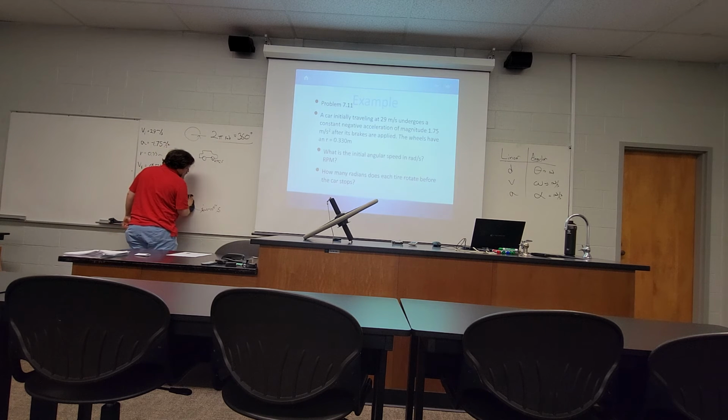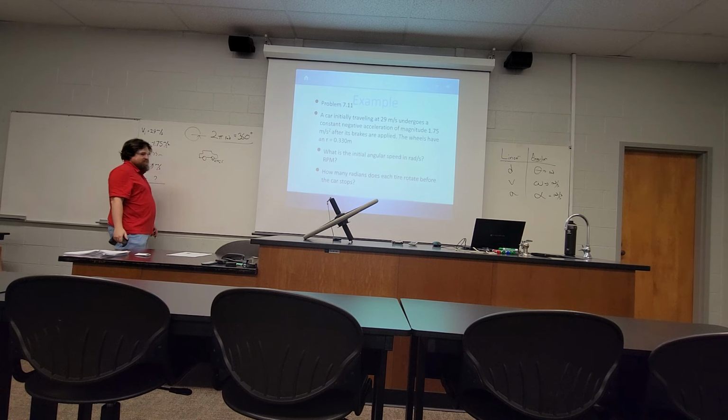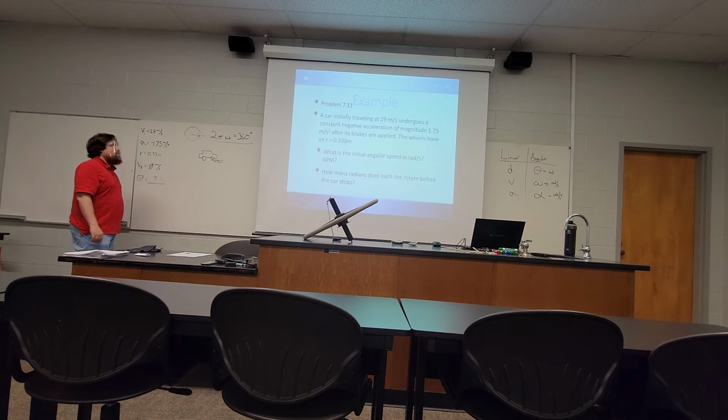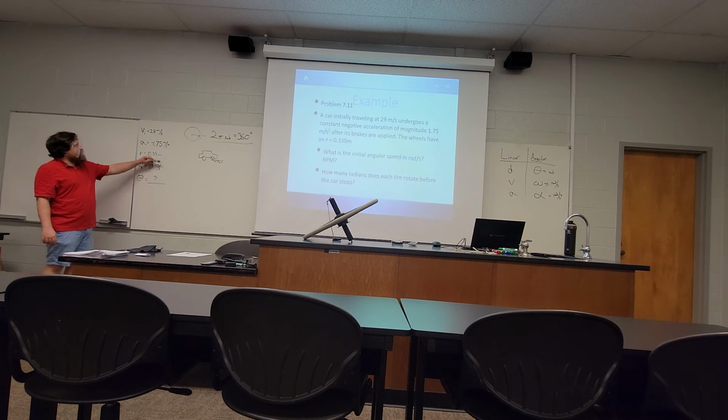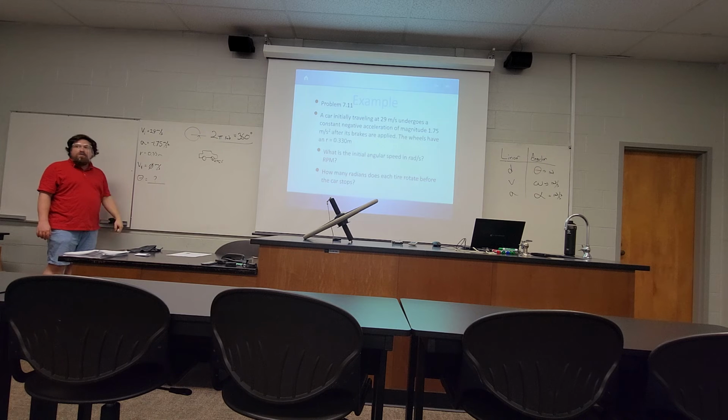We begin with all the old-fashioned linear information that we've always had. We're told the car is driving at 29 meters per second forwards initially, before the driver slams on the brakes and begins slowing down at a rate of 1.75 meters per second squared, and will eventually come to a complete stop.